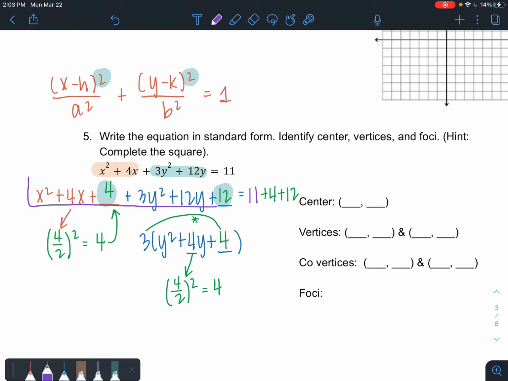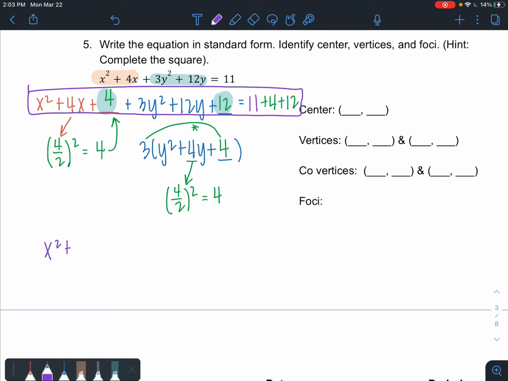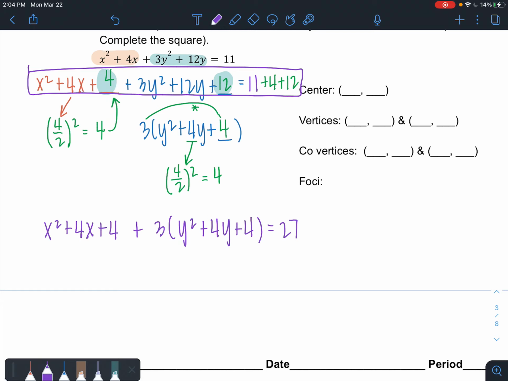I'm going to take this big old equation and rewrite it down here. So I have x squared plus 4x plus 4 plus 3 times y squared plus 4y plus 4 equals 11 plus 4 plus 12, which is 27. Okay, so then I'm going to factor. So this is a perfect square trinomial. So this is x plus 2 squared.